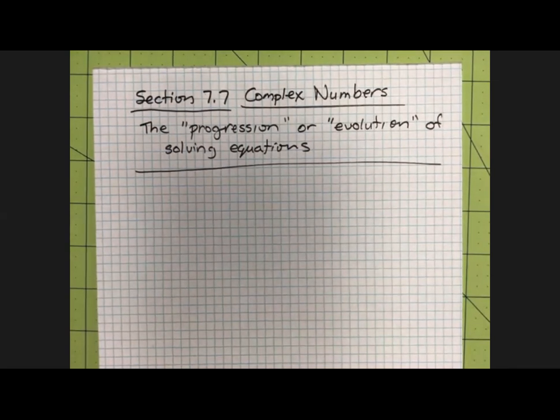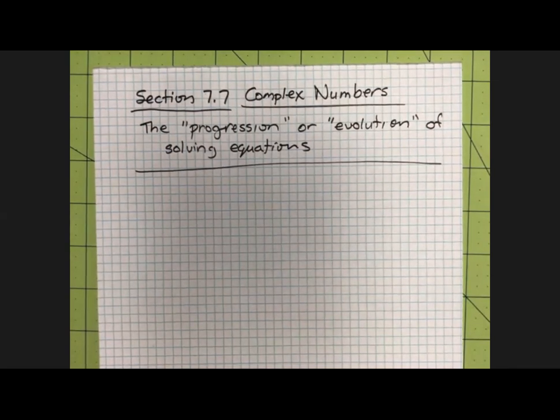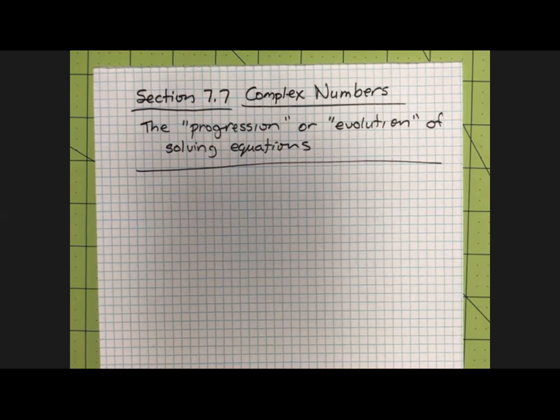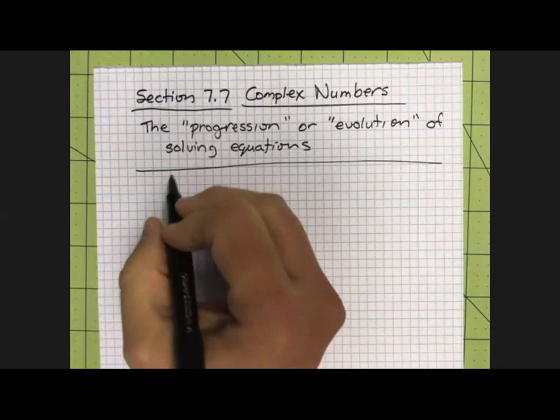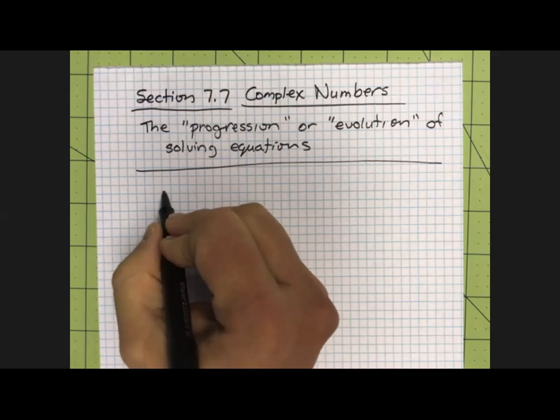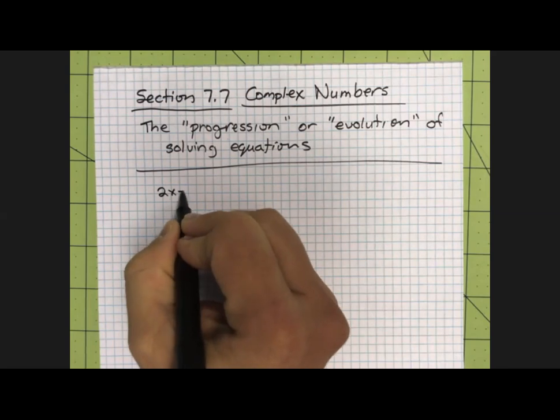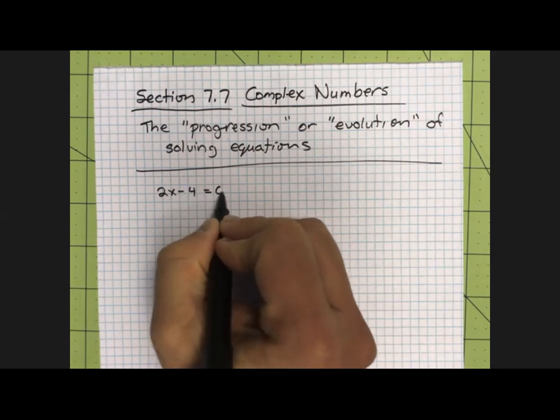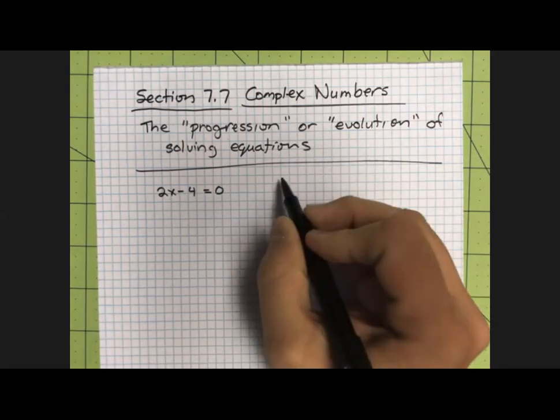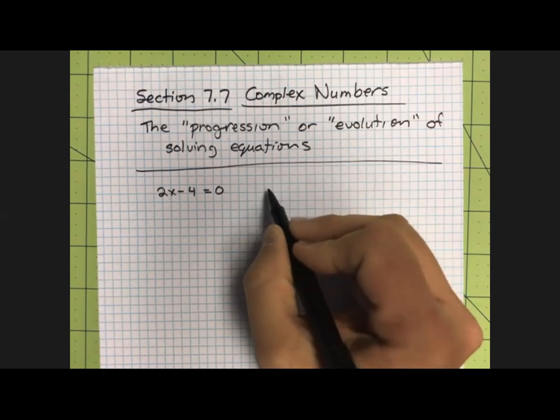And the idea that to solve an equation means you got to have the number at hand that does the job. Sometimes you have to make up new numbers. So if I say to you, 2x minus 4 equals 0, you're going to solve that without doing any steps.